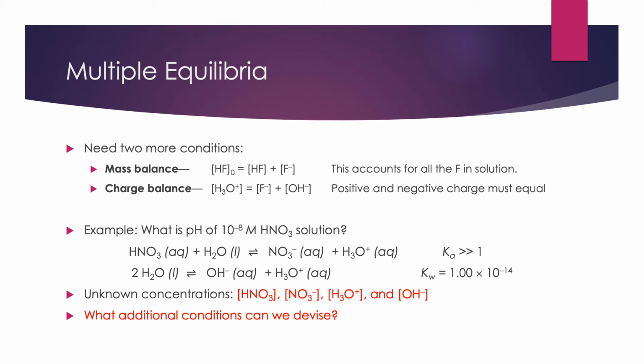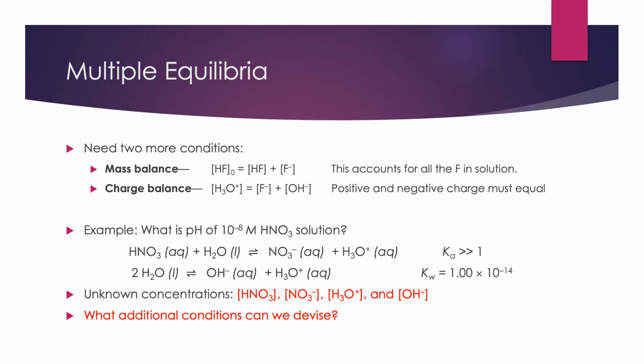Now, we also have a condition that requires charge balance. And I hope this is something that you can relate to, but if not, I'll try to explain it. The stuff that we put together at the beginning has no net charge. That is, there's no net positive charge, no net negative charge. Everything is neutral. But we know that both of these reactions, as they move toward equilibrium, produce ions in the solution.